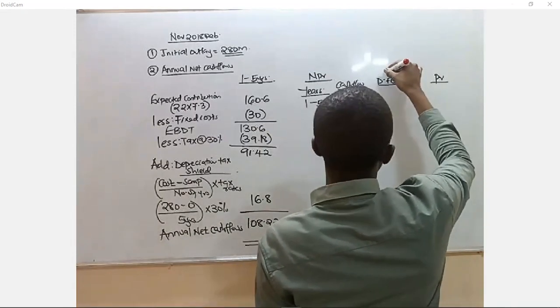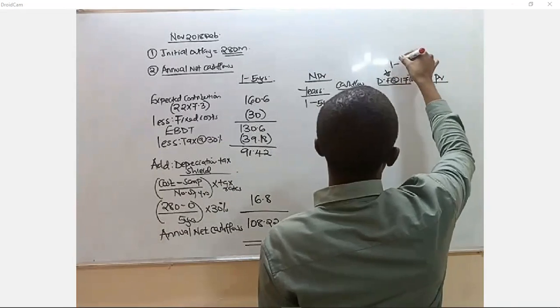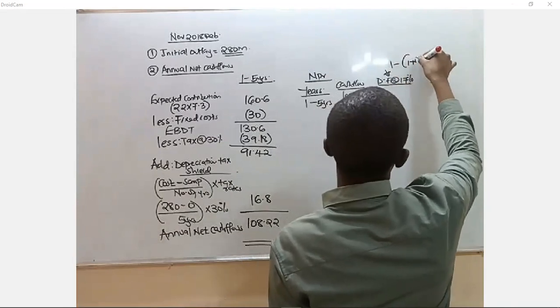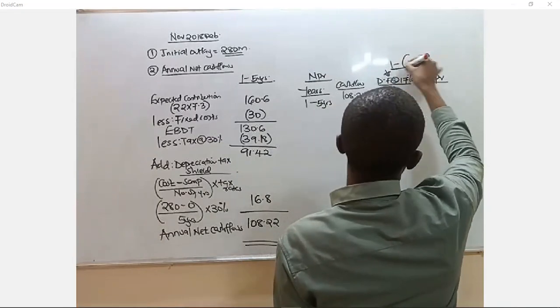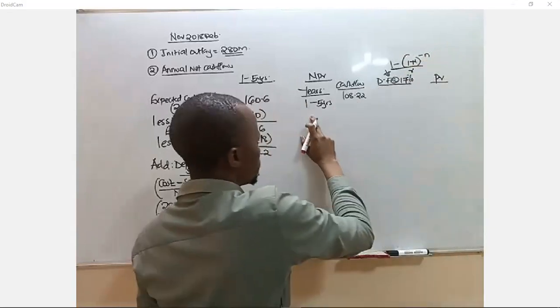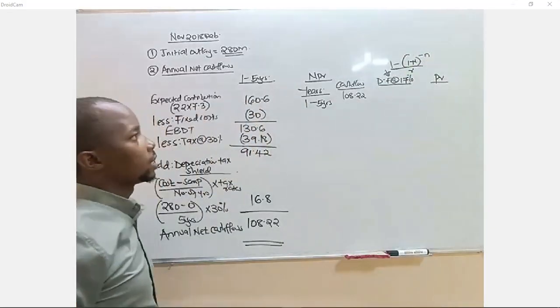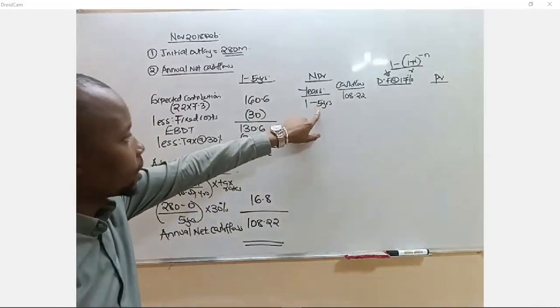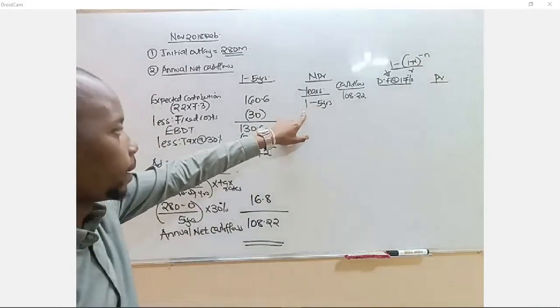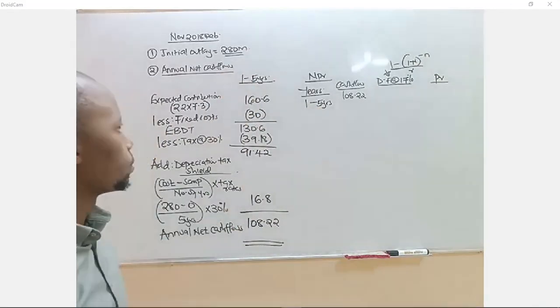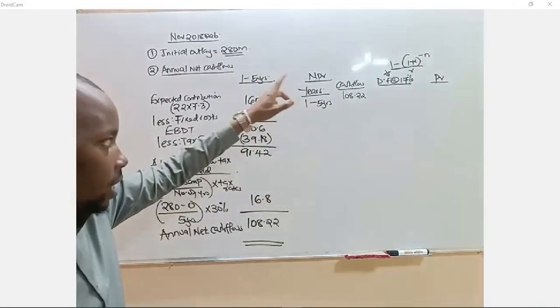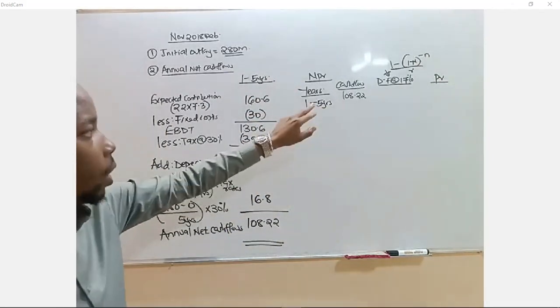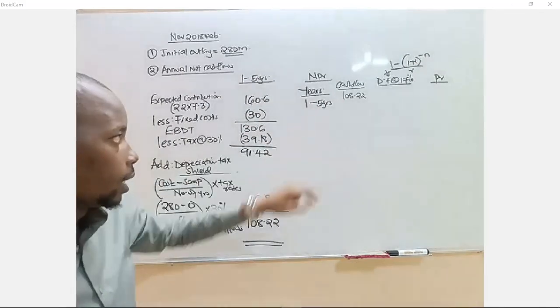So in this case, what formula do we use here? 1 minus 1 plus R raised to negative n, divided by R, because we are using annuities. Don't tell me now that for 5 years I should use minus 1. No, there is no such thing; for 5 years it is minus 5, there's nothing like that. If you see 1 2, this is okay.